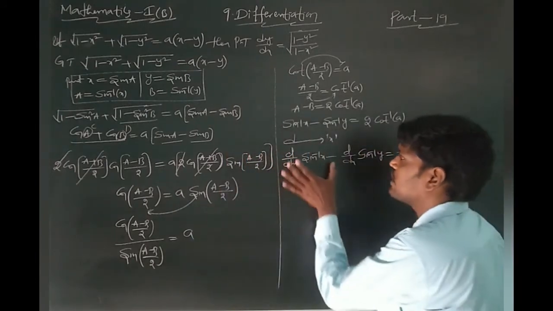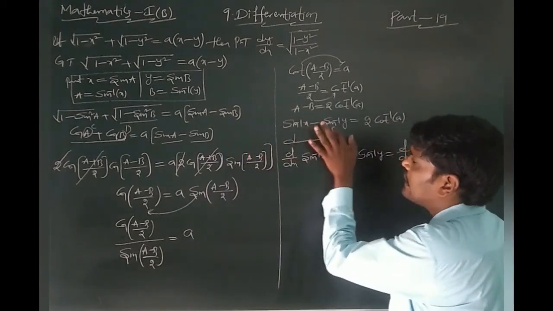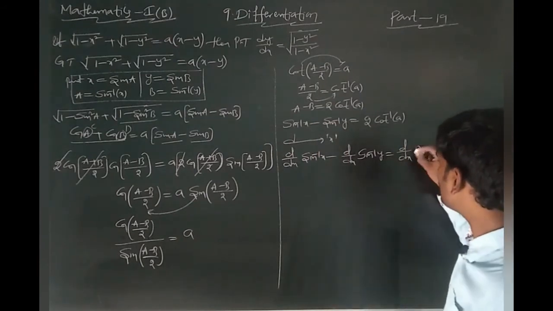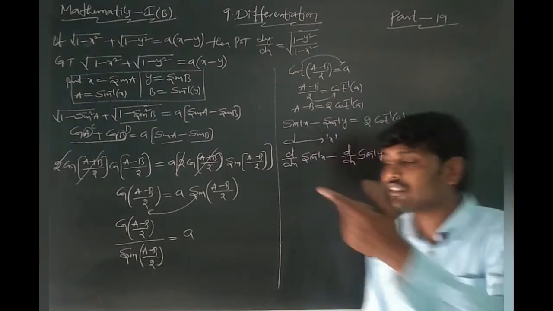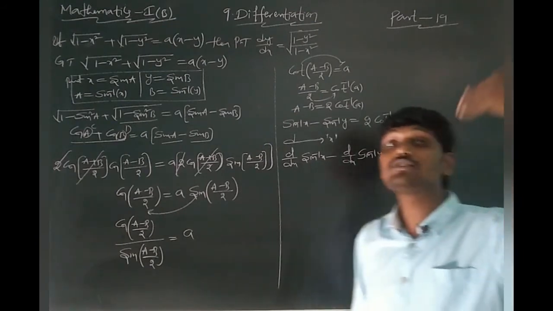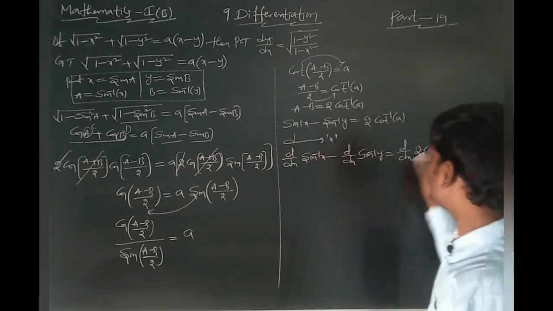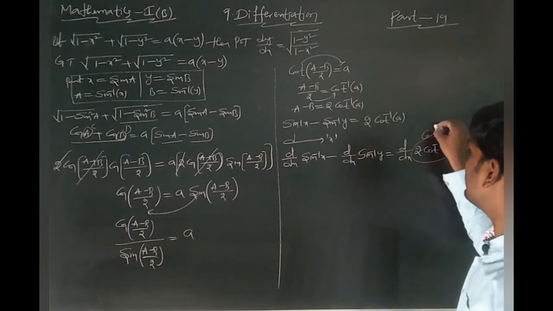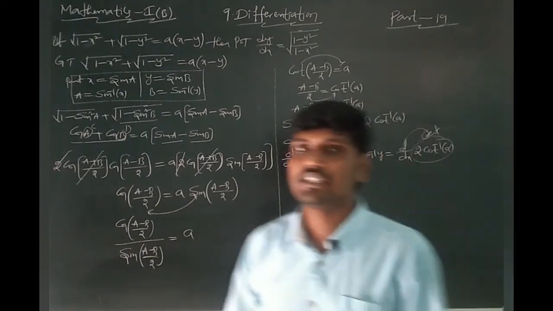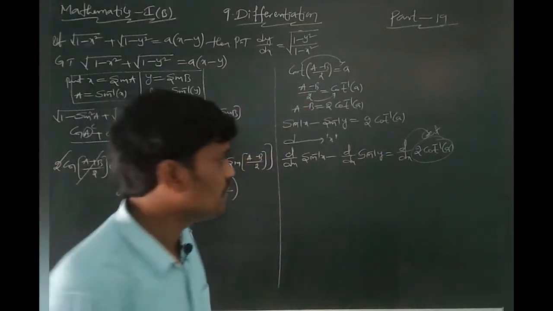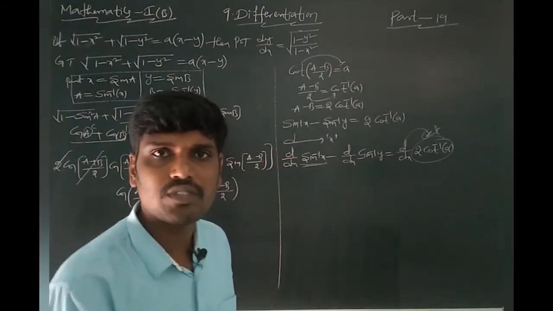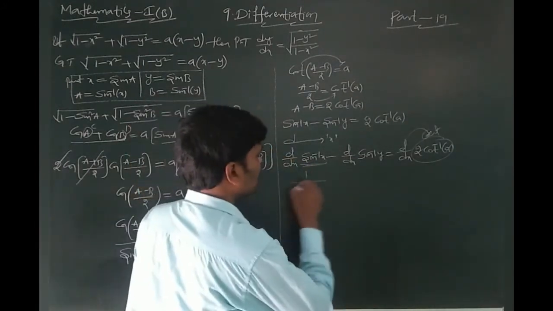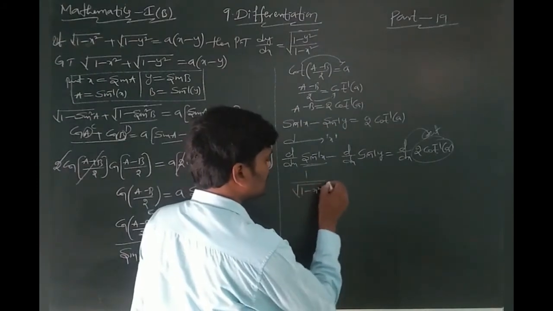Here we differentiate each function separately. Here 2 is constant and a is constant, so cot inverse a is also constant. That's why this whole term is constant. What is the derivative of a constant function? Constant function derivative is 0. Sin inverse x derivative, you know that: 1 by square root of 1 minus x².